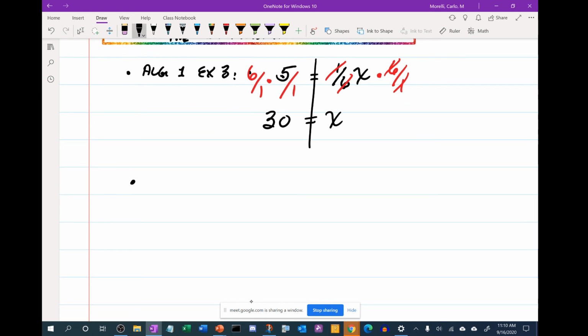Okay, here comes example 4. I want to show you guys something. 9 equals x over 6. This happens a lot. You start to get this idea and you say, okay, I get it, I want to multiply by the reciprocal of the coefficient.